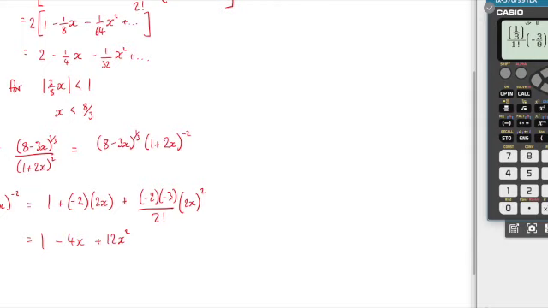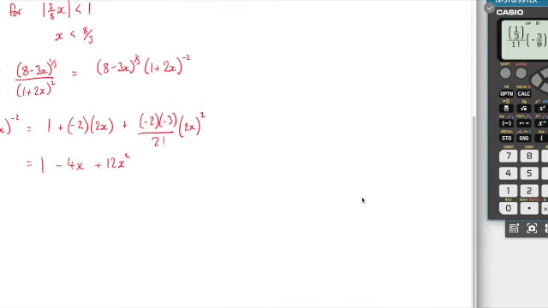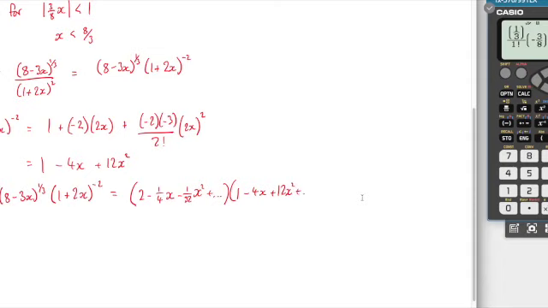So once we've got that, then we can say that we have got this 8 minus 3x all to the third, 1 plus 2x to the minus 2 is equal to, so what do we have before? 2 minus a quarter x minus a 32nd x squared plus a whole bunch of stuff multiplied by 1 minus 4x plus 12x squared and a bunch of stuff after that.